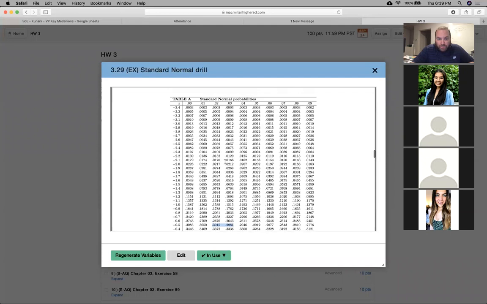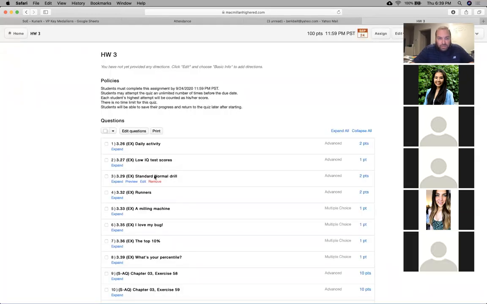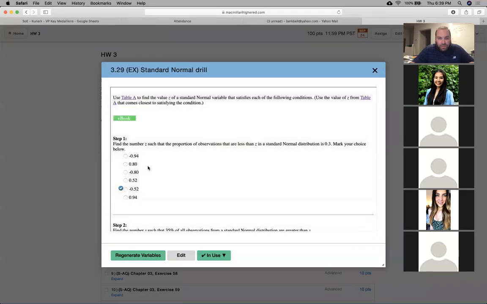So one of those numbers is negative 0.52, and the other one is negative 0.53. So 0.3 will be somewhere around negative 0.525, halfway in between. And when I look at the possible answers, there's negative 0.52 right there.